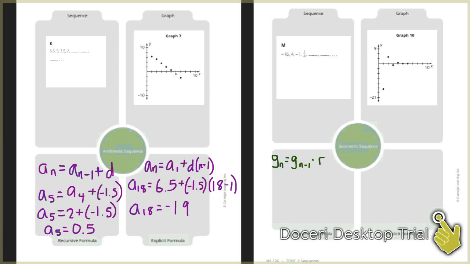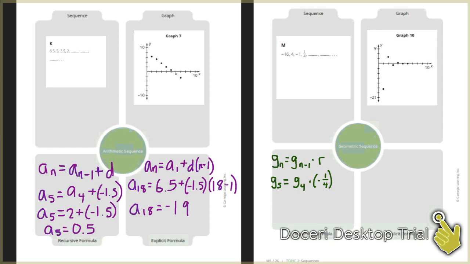So I'm going to plug that in to find the fifth term. So g to the 5, which is the geometric fifth term, is the fourth term, g4, times negative 1/4, because that is my common ratio.